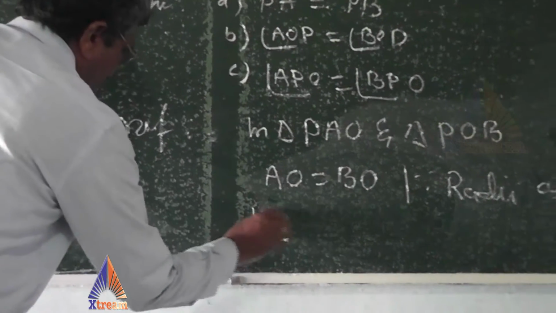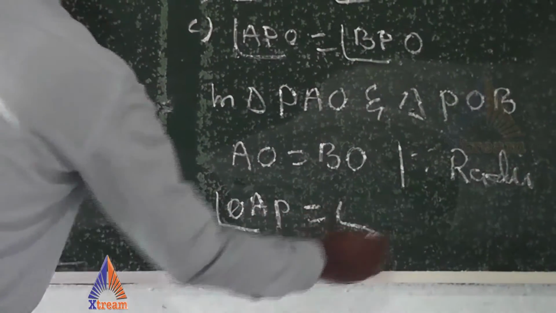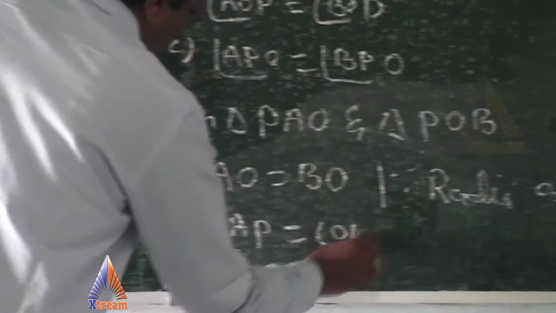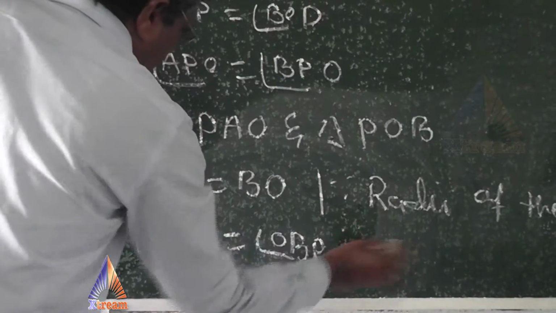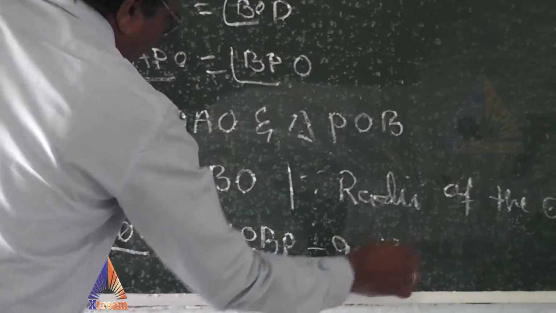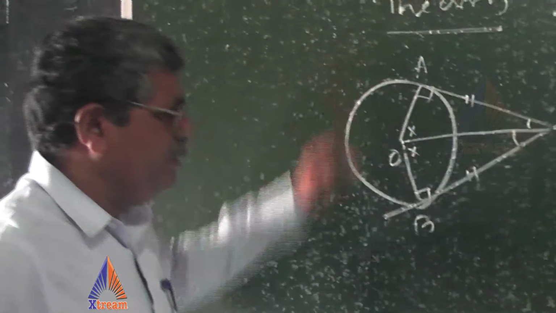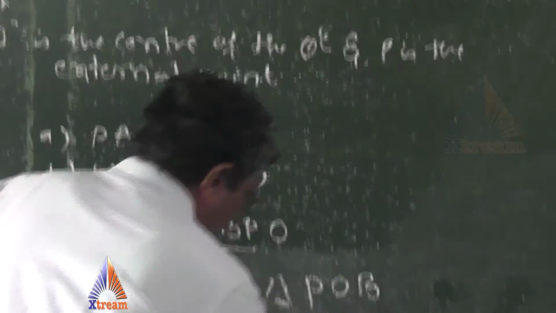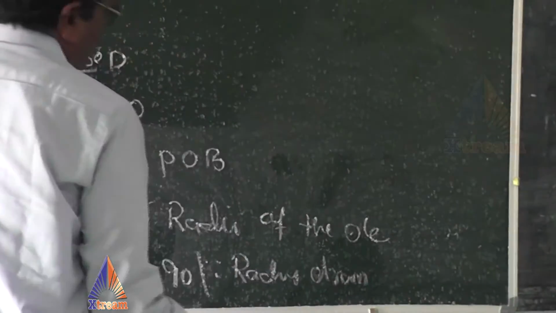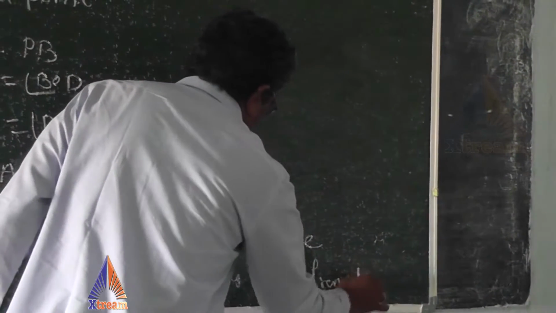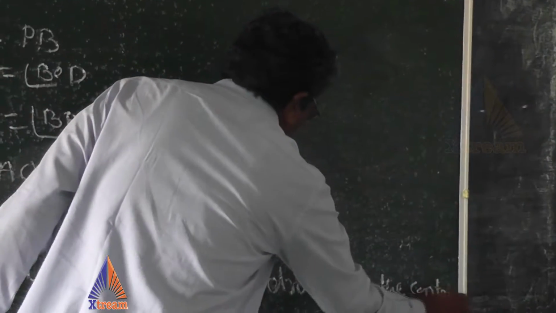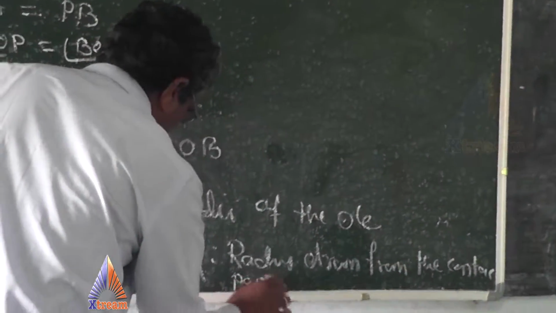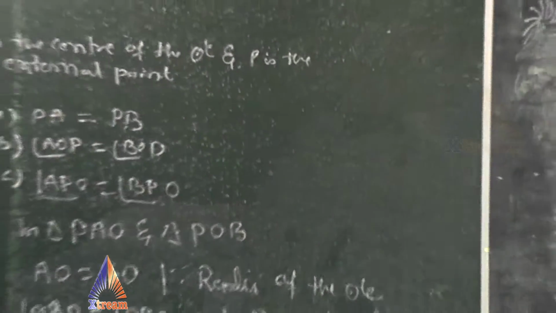So angle OAP is equal to angle OBP, which is equal to 90 degrees, because the tangent, the radius drawn from the contact point, the radius drawn from the contact point.